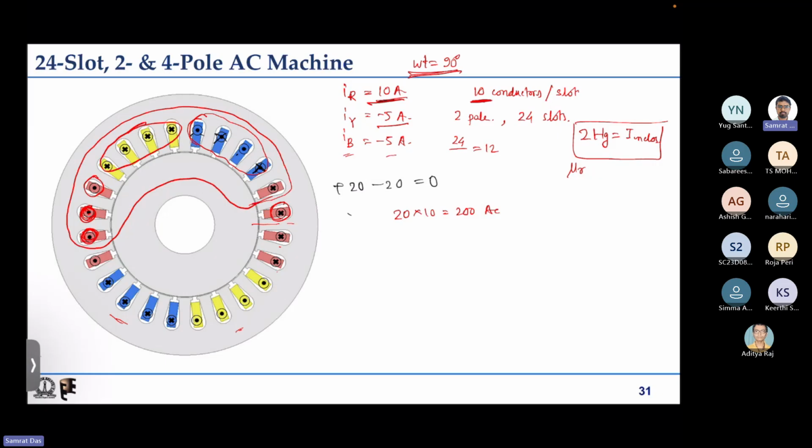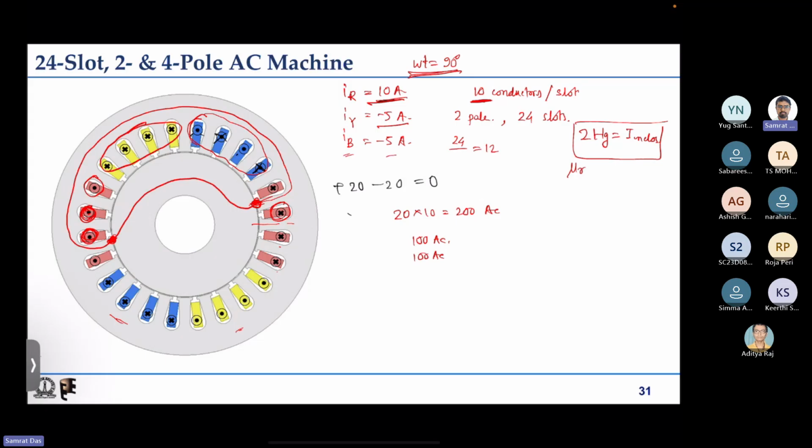So half will get dropped here and another half will get dropped in this slot. So in this angular position you will have 100 ampere conductor, and in this air gap position you will have another 100 ampere conductor drop. That is the mmf drop. From mmf, if you want to calculate H, then you have to divide it by the length, that is g.